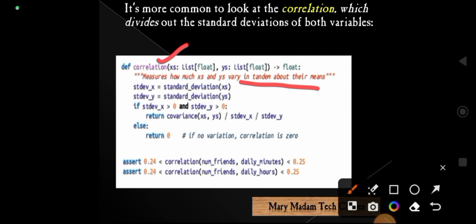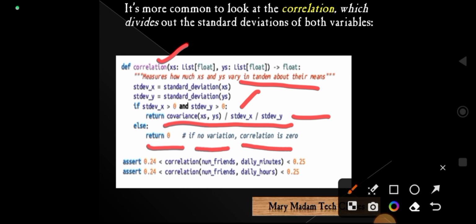If the standard deviation of x is greater than 0 and the standard deviation of y is greater than 0, it will return the covariance of xs, ys divided by the standard deviation of x times the standard deviation of y. Otherwise it will give 0. It returns 0 if there is no variation.